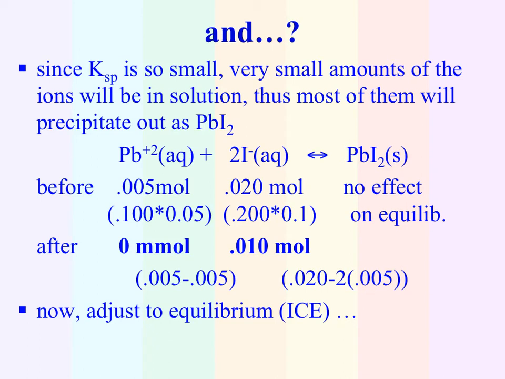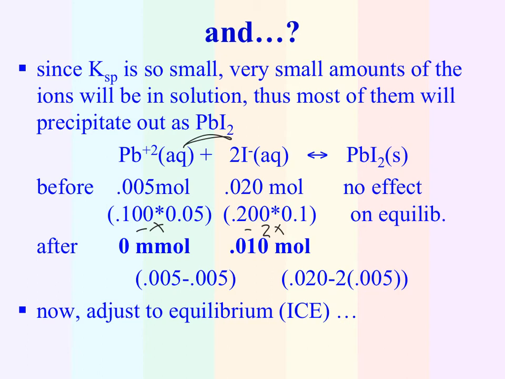Basically, if we take the volume and concentration of our original solutions, we can get our mole amounts of each of the ions. And that's before. Now, after, obviously these two are going to interact with one another, and so this is going to change. It's going to decrease by x, and this one is going to decrease by 2x.